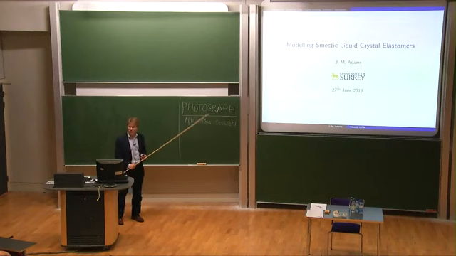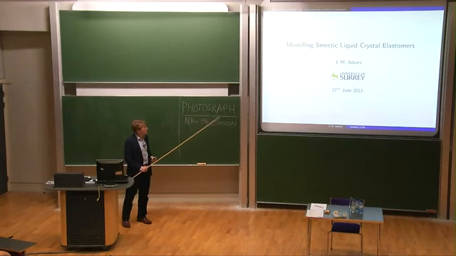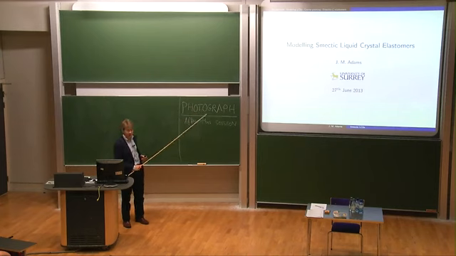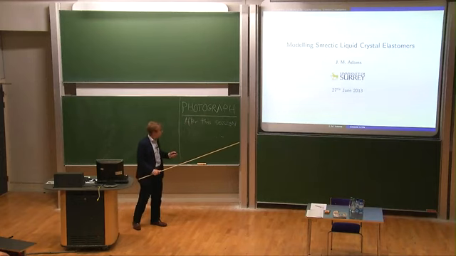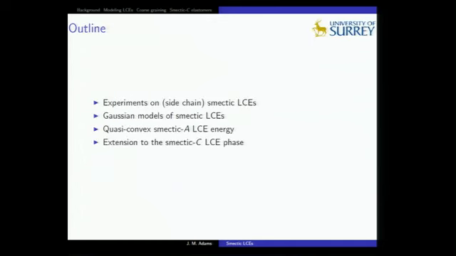Various aspects of this talk have been introduced by other speakers so far: smectic liquid crystals, spontaneous deformations, and we saw how layers deform in the previous talk as well. The outline of my talk is as follows. First, I'll talk about some experiments on smectic liquid crystal elastomers to give the basic mechanical properties that we're trying to explain.